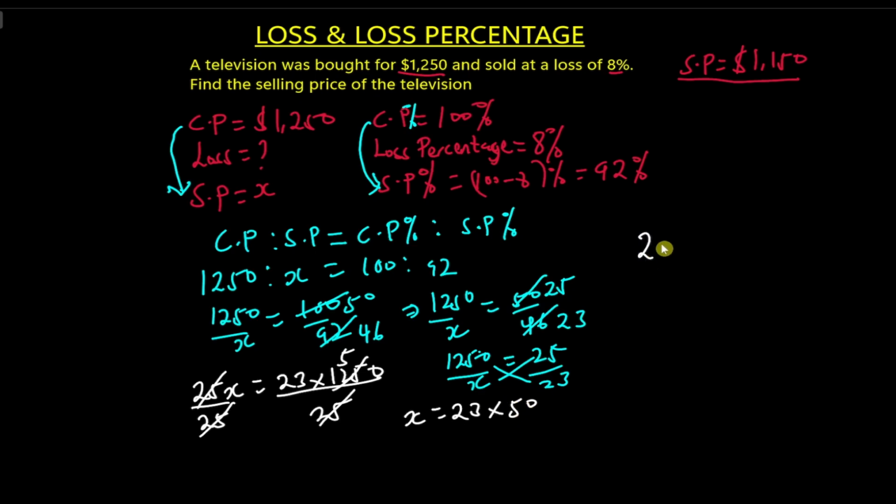Now 23 times 5. 5 times 3 is 15. So 5, remainder 1. 5 times 2 is 10, plus 1, 11. So 23 times 5 is 115. But don't forget the zero. When you were multiplying here, you didn't bring the zero, so you're supposed to bring the zero.